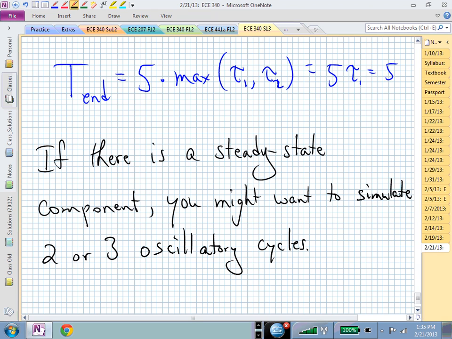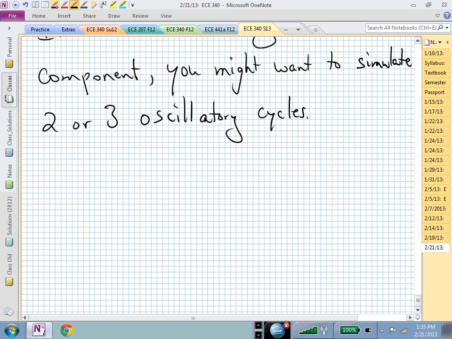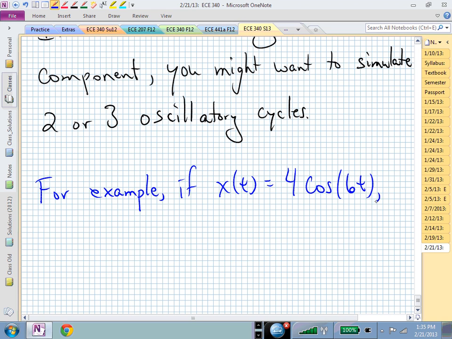And this is going to be based on after the 5 time constants or incorporating the 5 time constants. We're assuming now that the transients have ended. So let's say that instead of our x of t that we just looked at, x of t is now 4 cosine of 6t. What's omega sub d?